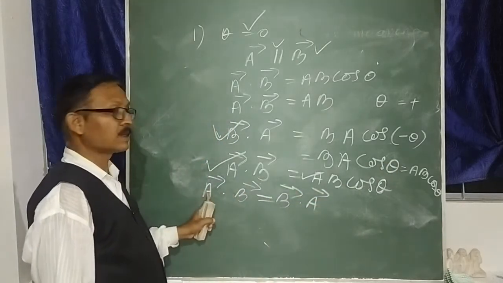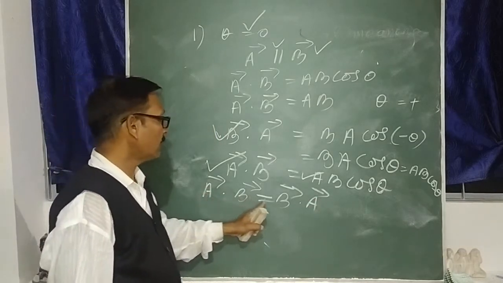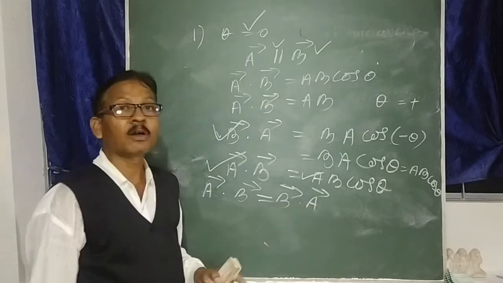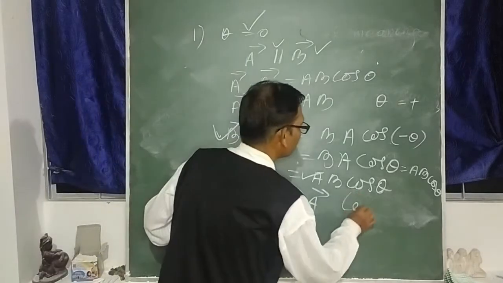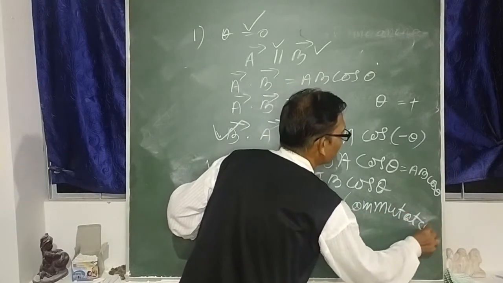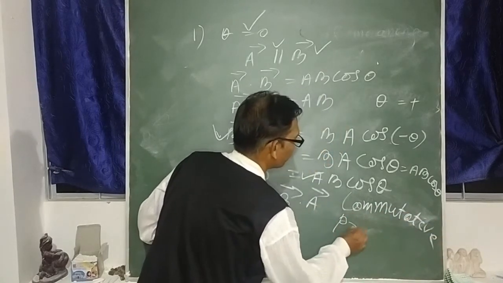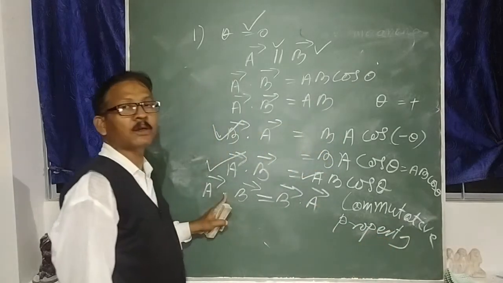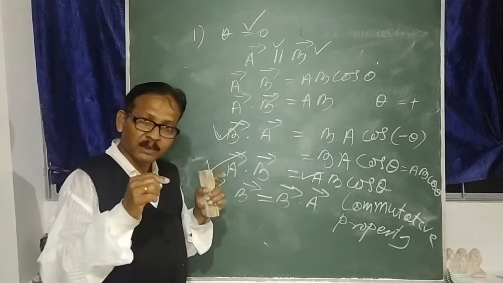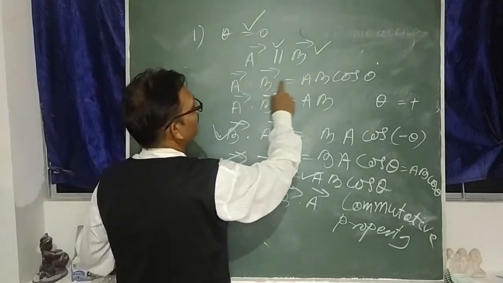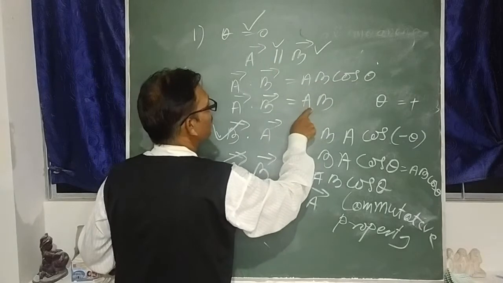If you reverse it, first A dot B, then exchange it, B dot A, this is called your commutative property. So the dot product obeys the commutative property. You see theta is equal to 0, A dot B is equal to AB cos 0, that is equal to AB.